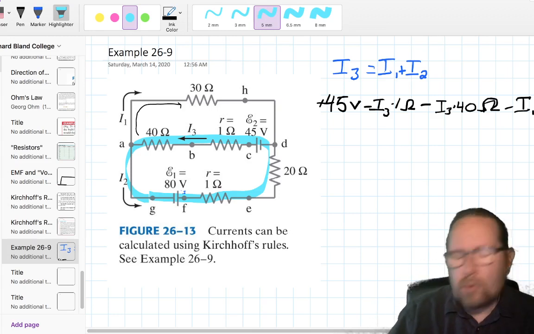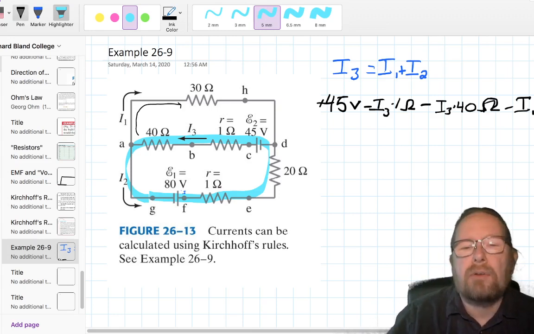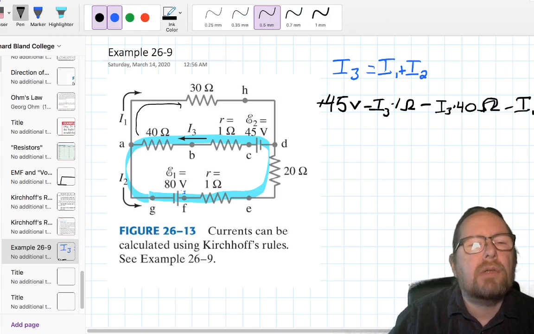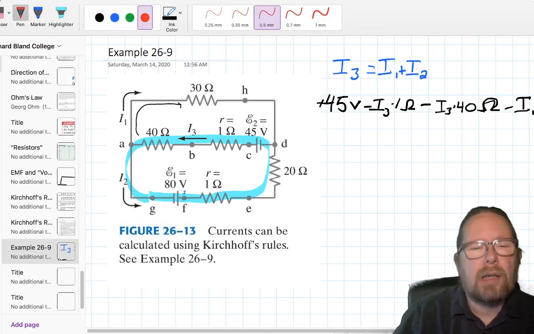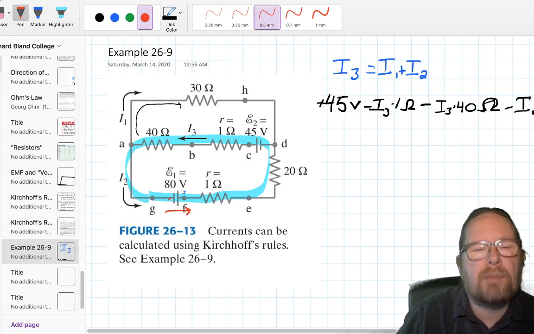Okay? So if I start at G, the first thing I encounter, and let me use a different color for this, is I go up a positive potential difference from the negative terminal of the battery to the positive terminal of the battery, and that battery's got an EMF of 80 volts.